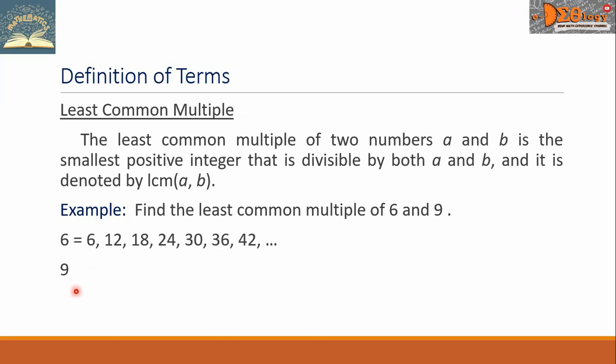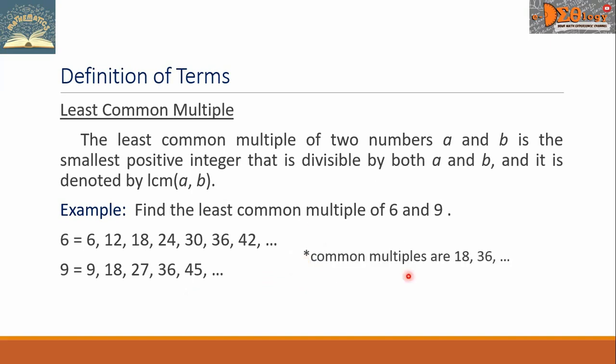For the number 9, the multiples are 9, 18, 27, 36, 45, and so on. In our multiples here, we can see that the common are number 18 and number 36. There are still many common multiples. But we should notice that the smallest multiple is the number 18. So we write here LCM of 6 and 9 is equal to 18.